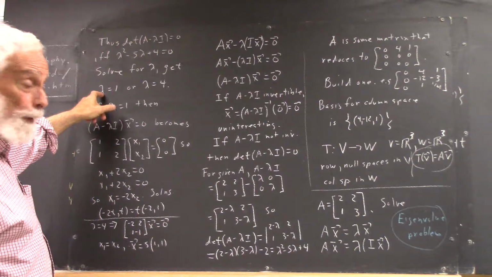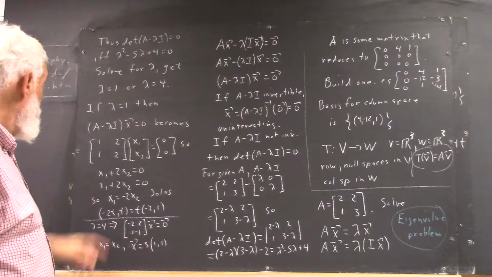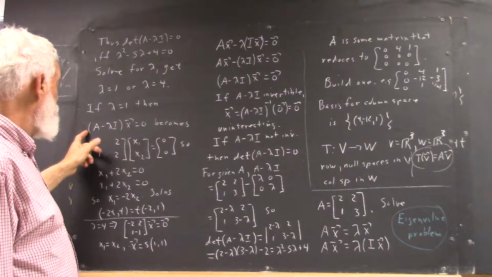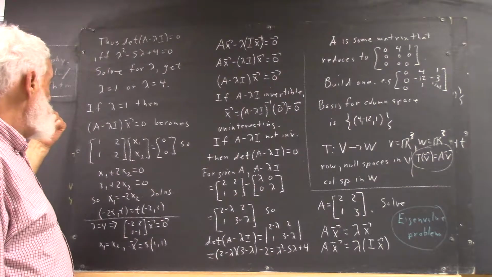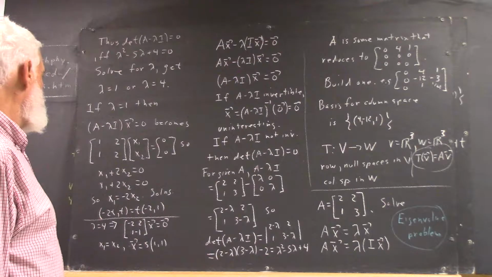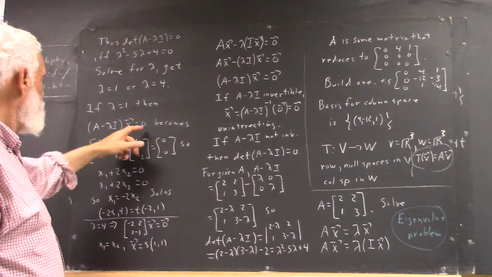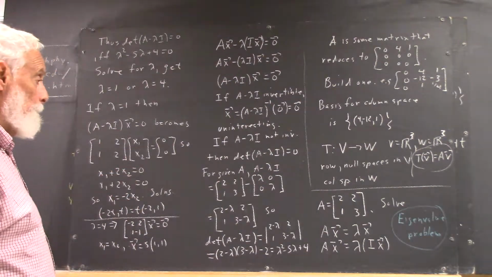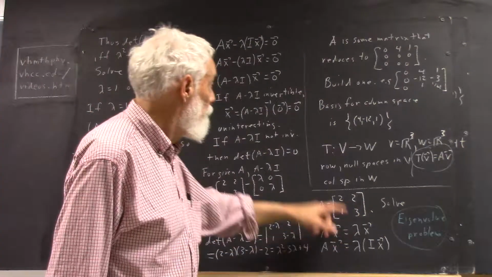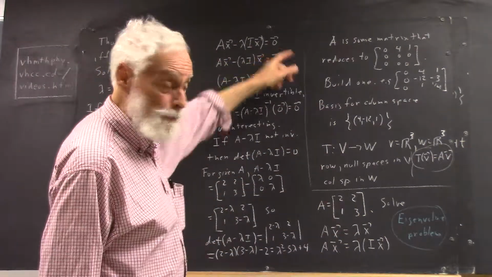Okay, if lambda equals 1, because that's one of our possible values, then the equation A minus lambda I times x equals 0 becomes this. Of course that is what this equation becomes, right?